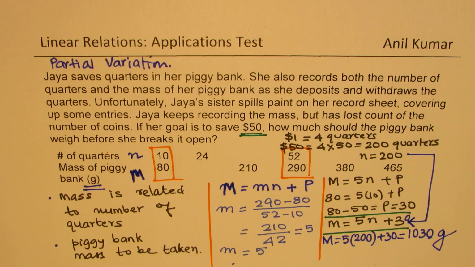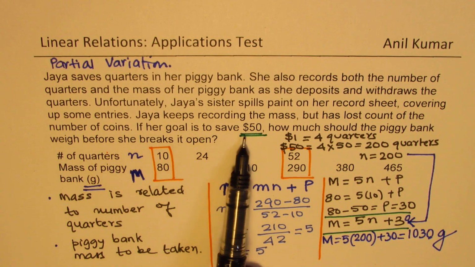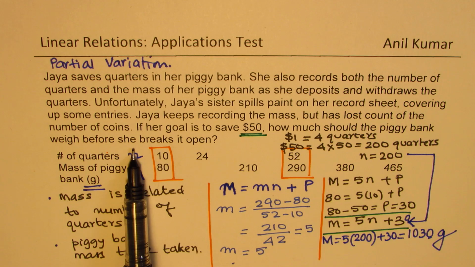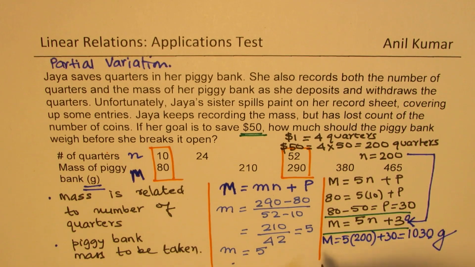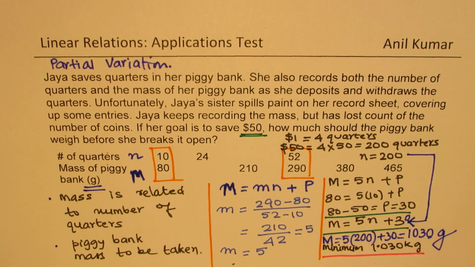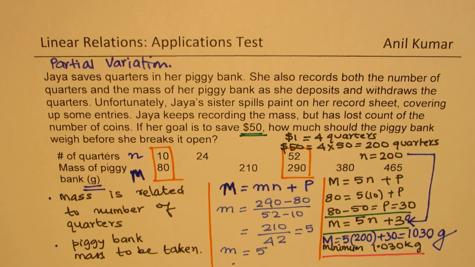So that is how we are going to find it. The answer here is, if our goal is to save $50, how much should the piggy bank weigh before she breaks it open? It should weigh a minimum of 1.030 kg, or you could write 1030 grams. So that becomes the solution for the given question.